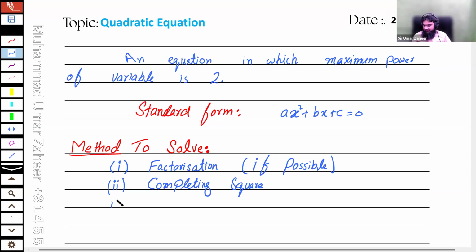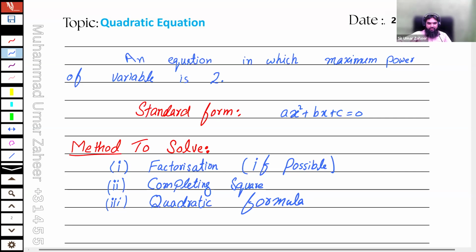And the last one, one of the most important, is the quadratic formula. So the three methods are factorization (middle term breaking, if possible), completing the square, and the quadratic formula.